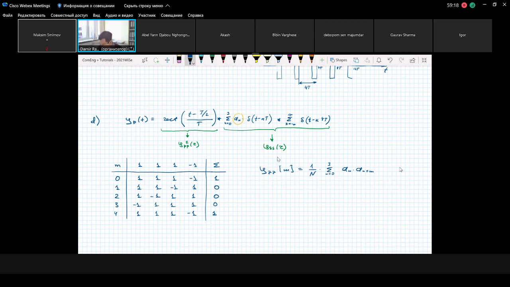When we extend it to continuous time, we have to normalize by the spacing between delta pulses. And remember that in our case, we have spacing 4T, and we have to take this into account when we calculate the autocorrelation.